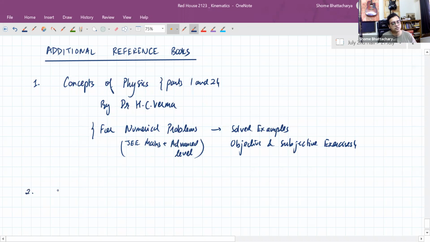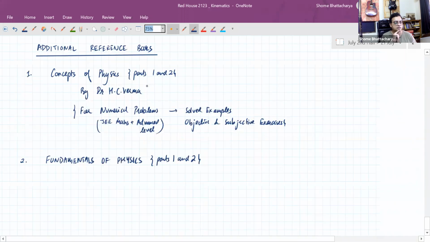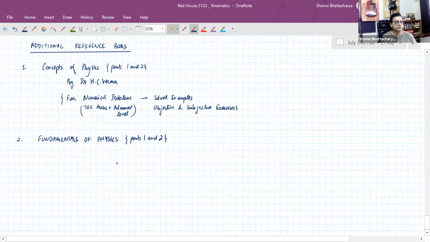Second is you can use this book, Fundamentals of Physics. Again, parts 1 and 2. So in 11th, you will need only part 1, but it's better if you get hold of both the parts because you'll get it at a discounted rate and you'll need it for 11, 12 put together. So this is by authors Robert Resnick, David Halliday, and Crane.